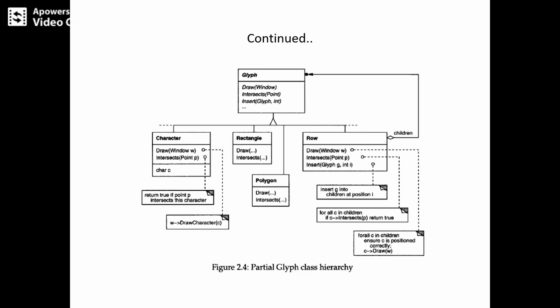The window class defines the graphics operations for rendering text and basic shapes in a window on a particular screen. So we can see in the last part how we can call it for all the children and choose that particular position. Similarly for all the children, insert and return true, insert into the children. So this all comes under the draw operations of row. Similarly polygon, rectangle and characters.